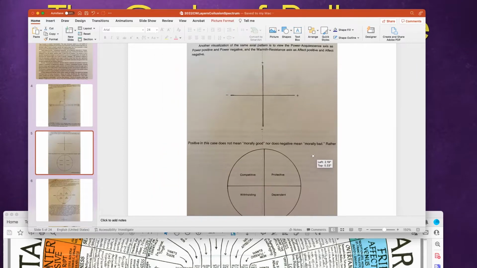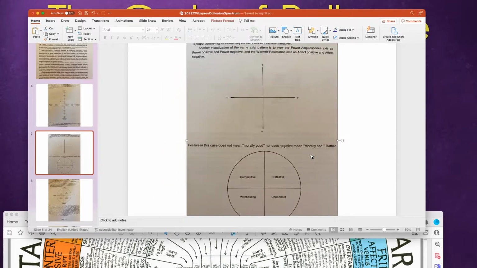And so if you have high status and high warmth, you're going to be in this protective wedge. If you've got low status, but a lot of warmth, you'll be dependent. If you have low status and you have some resistance, you'll be withholding. But if you have resistance and power, that's where competitive is going to live.